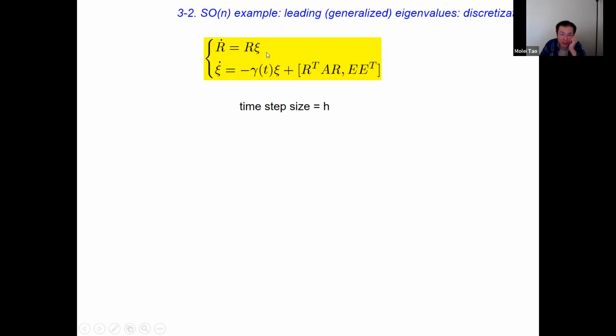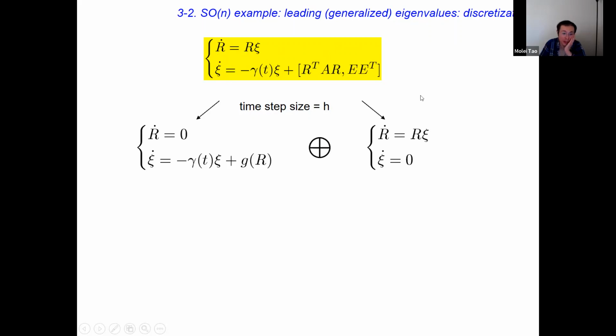My goal of this discretization is, number one, I still want an algorithm that optimizes, and at the same time, equally important, I want to make sure that my R and Kc still stay on this geometric structure. And I can actually do that.